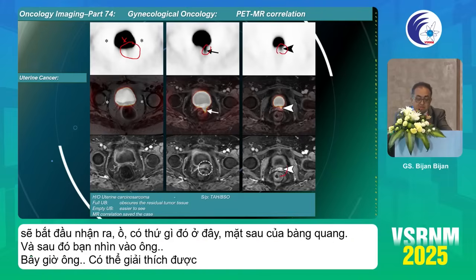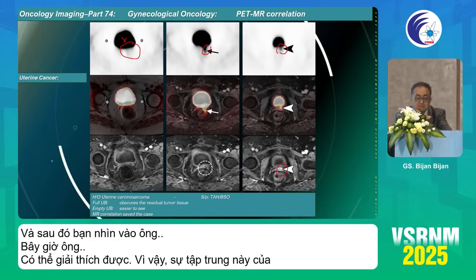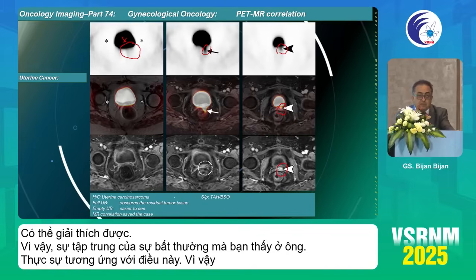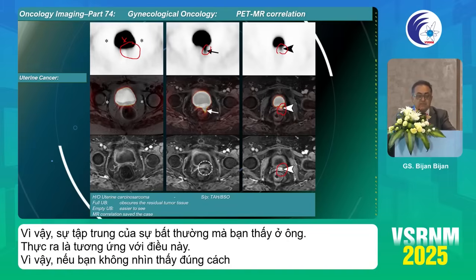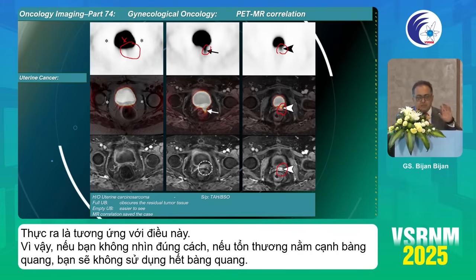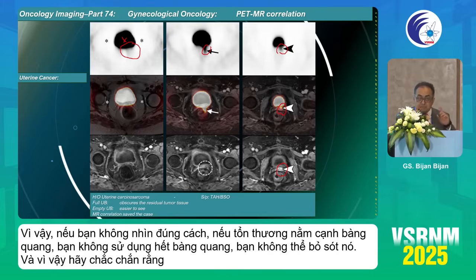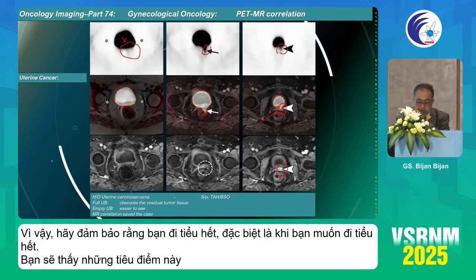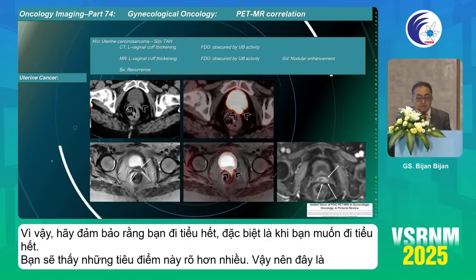This focus of abnormality that you see on the MR corresponds to this. So if the lesion is next to the urinary bladder, do not use a full bladder. You're going to miss it on the FDG. Make sure that you empty the bladder, especially if you put in a catheter and empty it, you're going to see these foci of abnormality much better. So this is a pitfall. Take a look at them.